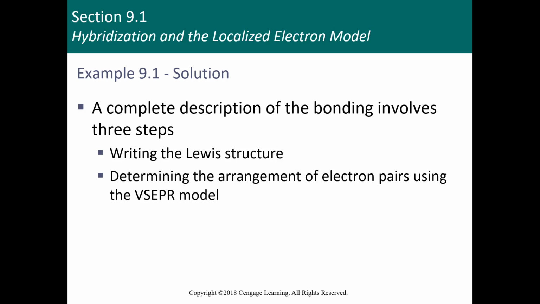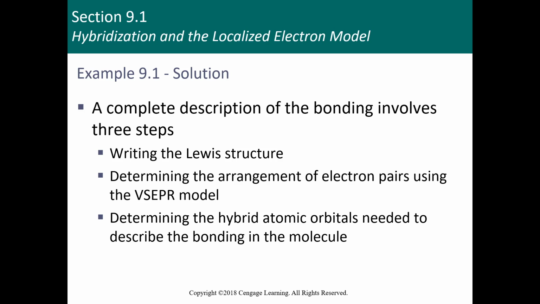And that's going to be determining the arrangement of the electron pairs, so where those electron pairs are located, which the Lewis structure will actually show us, and our VSEPR model to see how they're distributed from each other, which is our 3-dimensional shape. And then the next thing is we'll finally determine the hybrid atomic orbitals that we need so that we can describe our actual bonding in our molecule.